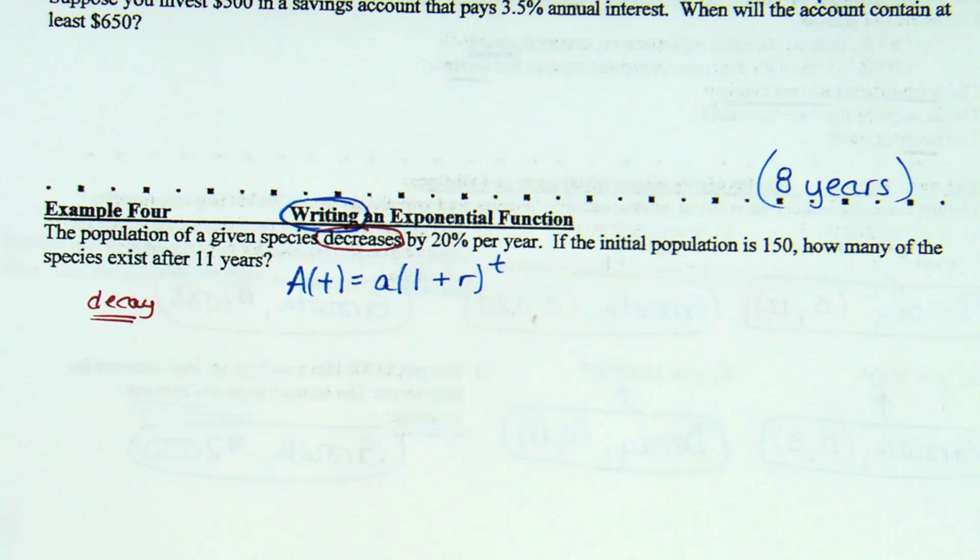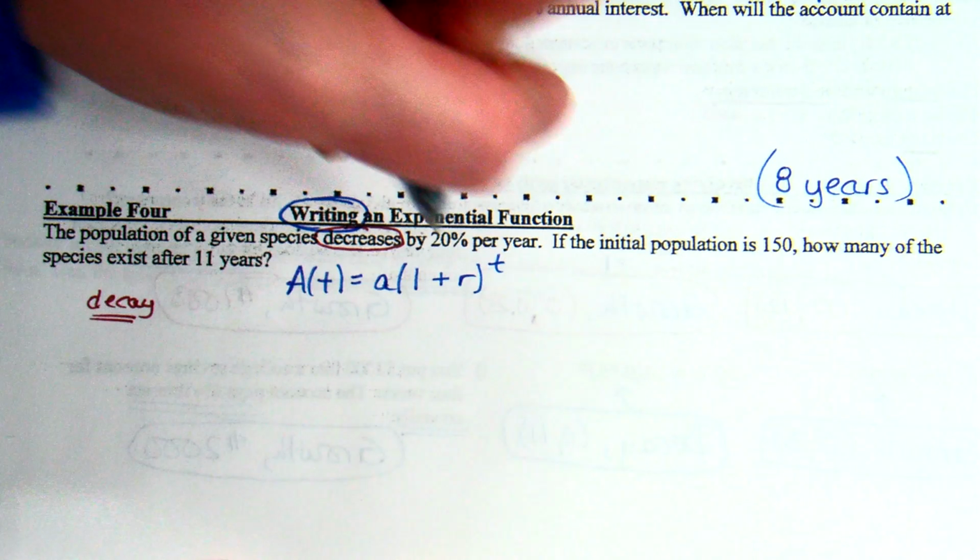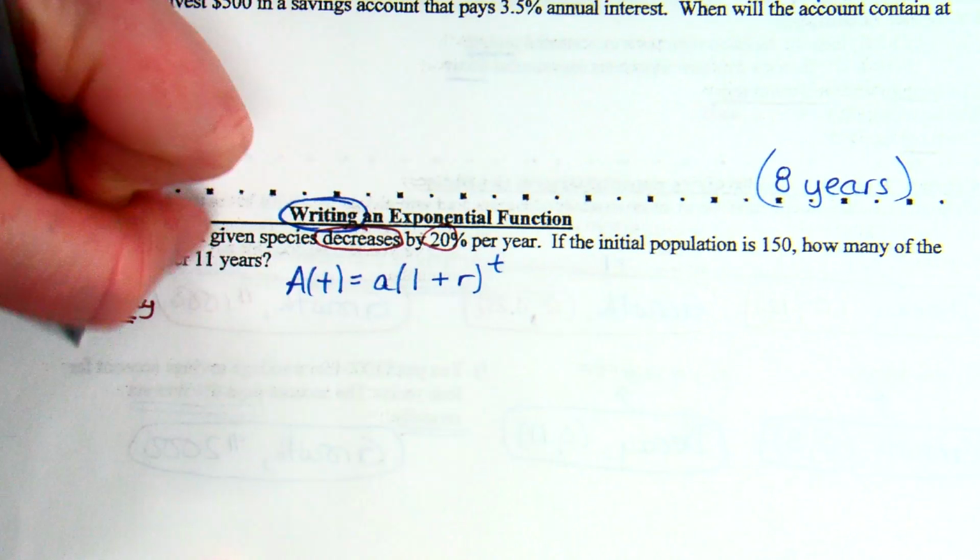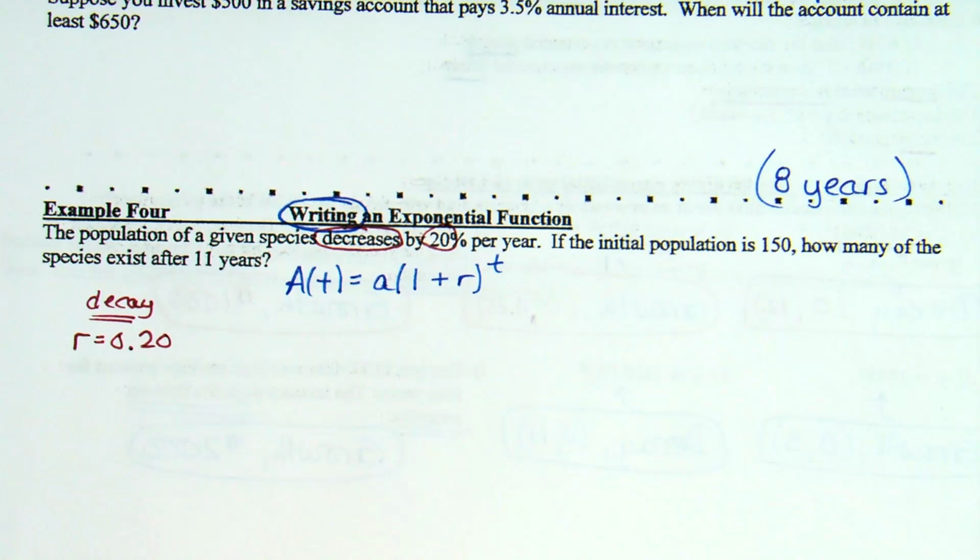What is that 20% then? What variable does that go in for? That's my r still. How's it going to go in? 0.20. You move that decimal 2 places left. 20% is 0.20, right? So 0.2. Now, what's the catch? Because it's decreasing, it's a decay, what am I going to have to do?